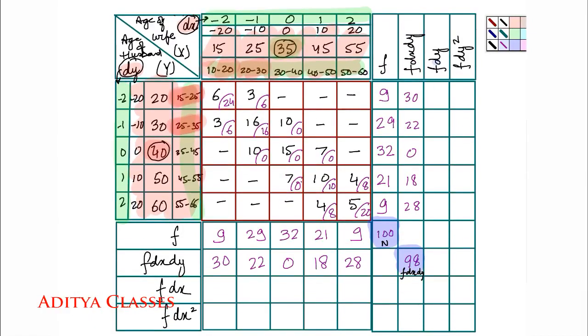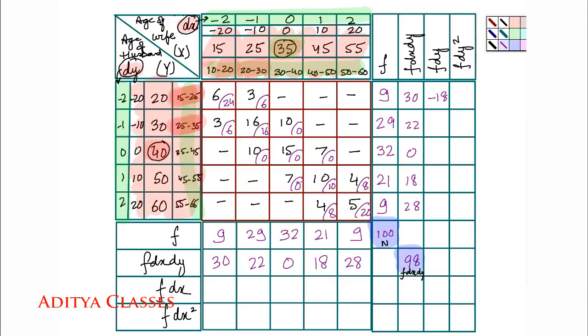What is this? This is f dy. F, remember, not these f's. These were cell level frequencies. Now I am going for group level frequencies. Now my first group frequency is 9. F multiplied by its corresponding dy. 9 multiplied by -2 gives me -18. Similarly, now I have f of 29 for second group.